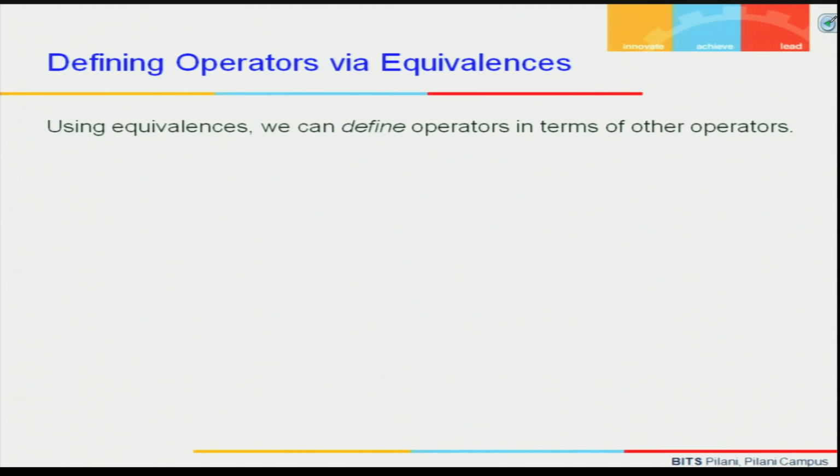We will see how. Exclusive OR, for example, P exclusive OR Q is equivalent to (P or Q) and not of (P and Q). In fact, this whole operator is getting represented in terms of other operators like OR, AND and NOT.